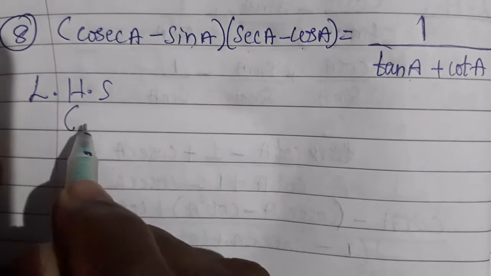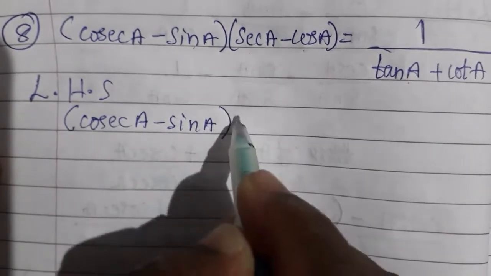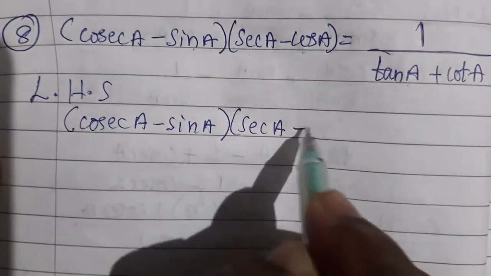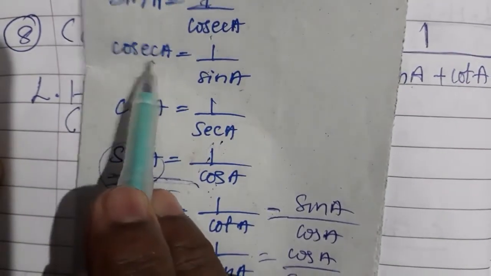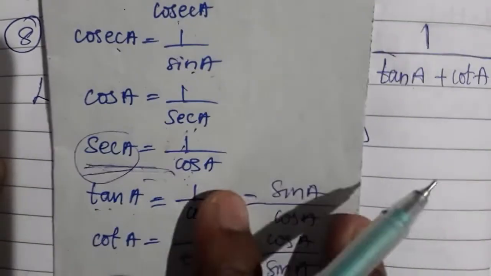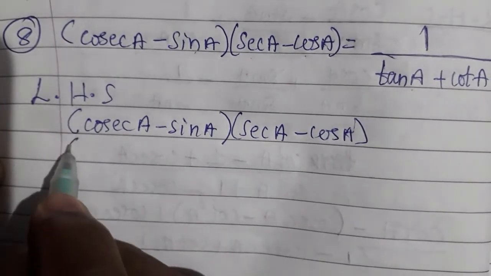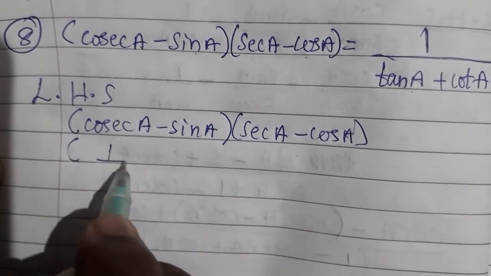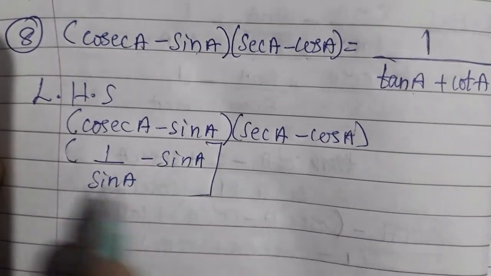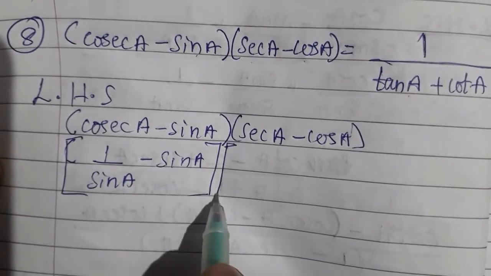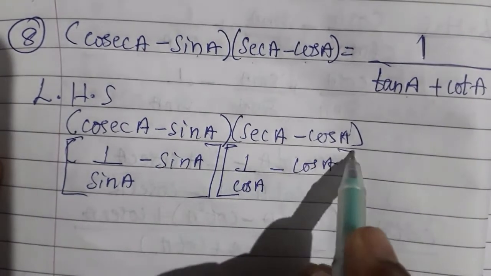We have cosec A minus sin A into secant A minus cos A. Now in place of cosec A, I will introduce 1 by sin A, and in place of secant A, I will introduce 1 by cos A. So here in place of cosec A, I am writing 1 by sin A minus sin A. Next, in place of secant A, I will write 1 by cos A minus cos A.